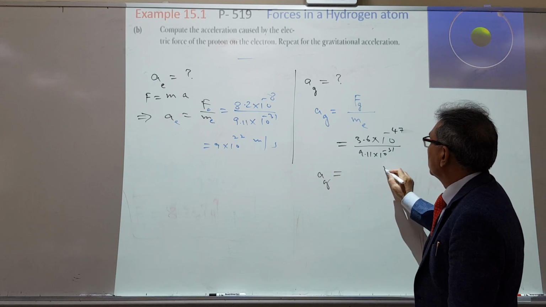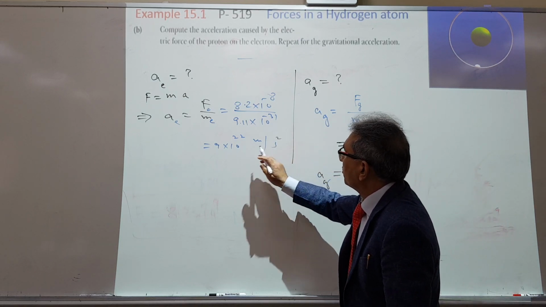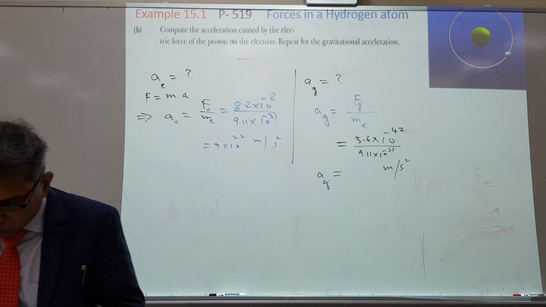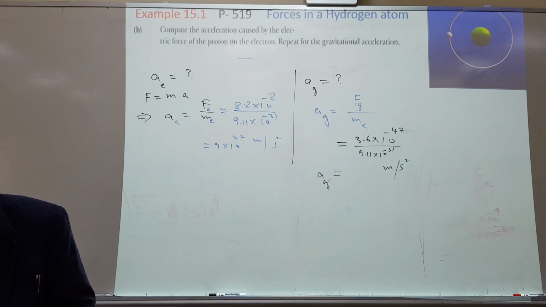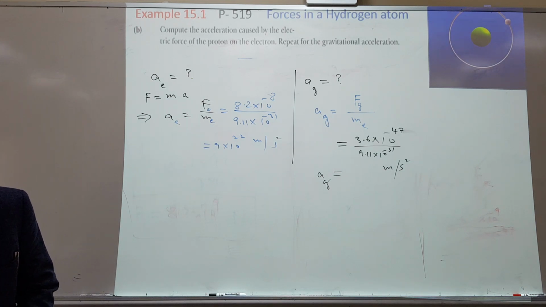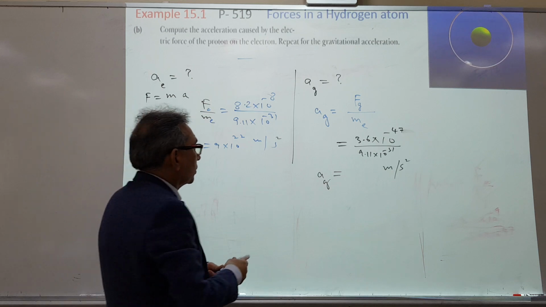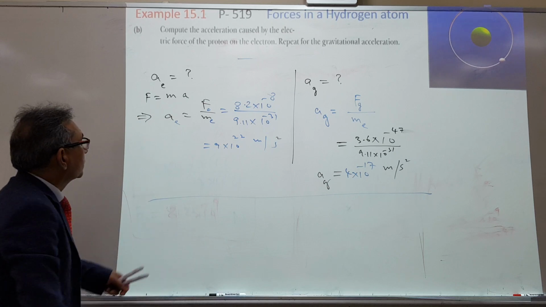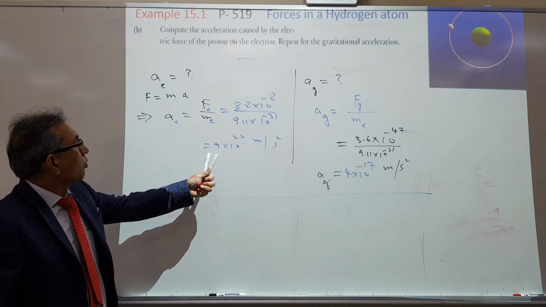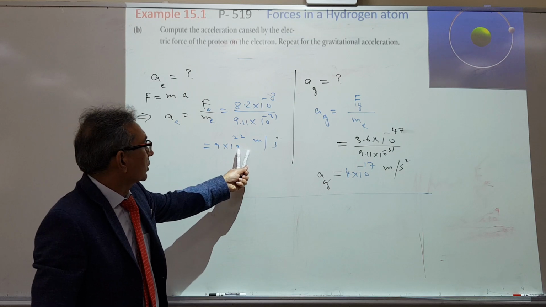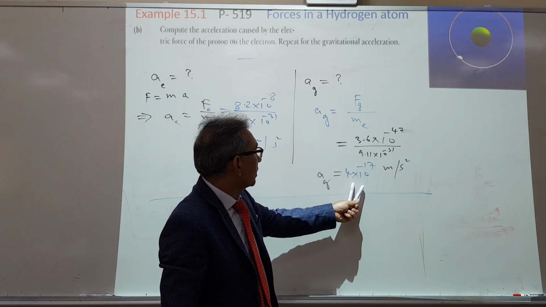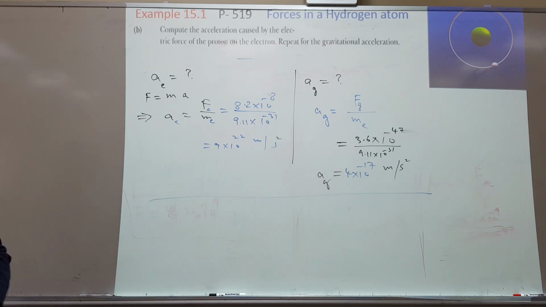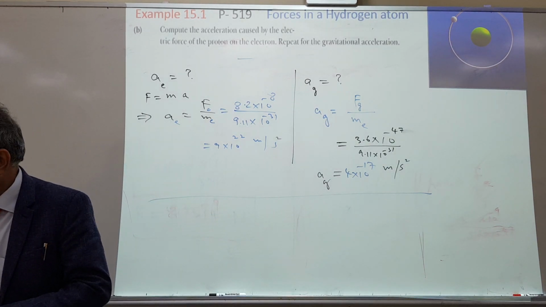So you get, this is acceleration, so meter per second square. The acceleration caused by the gravitational force for the electron comes to 4 times 10 to the minus 17. Okay, so you see the electrostatic force was stronger, so a larger value for the acceleration. The gravitational force was weaker, so you have a small value for the acceleration of the electron caused by the gravitational force.